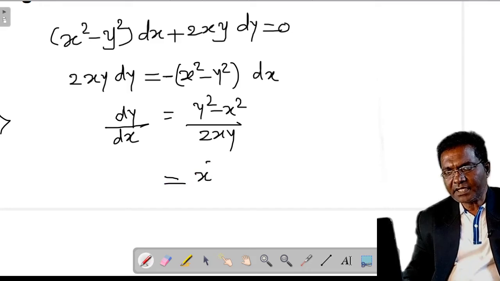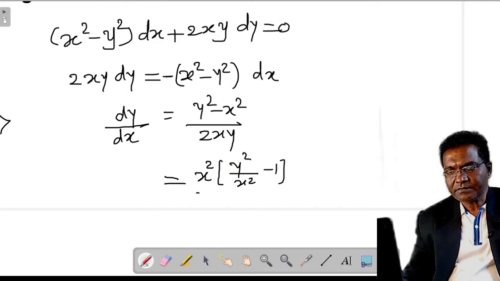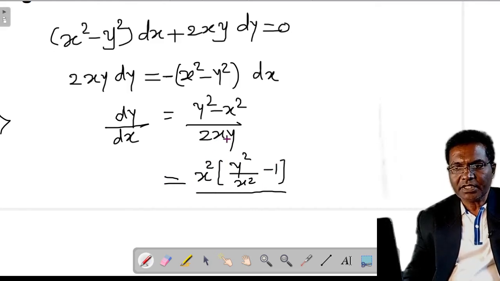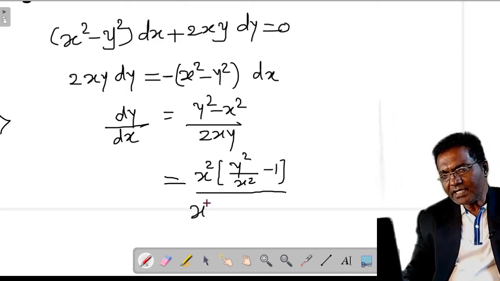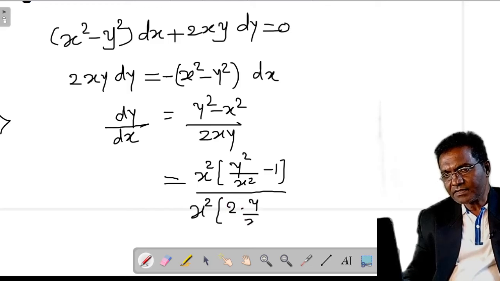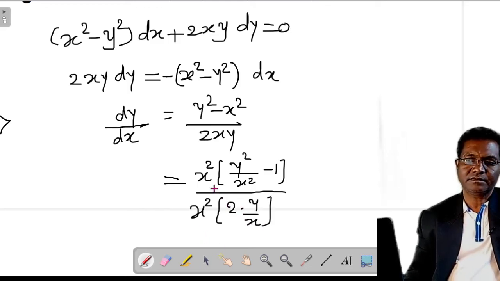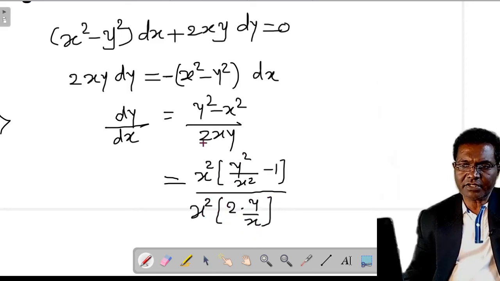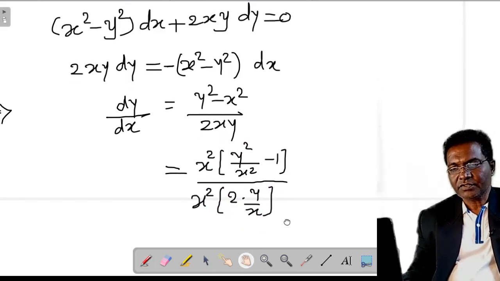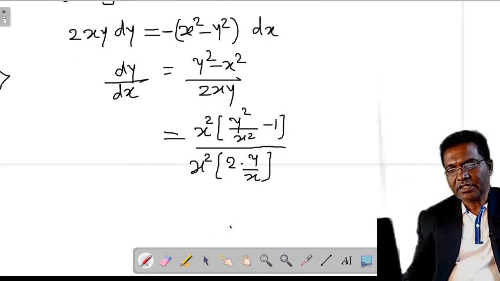Now if I take x square common in the numerator, what will we get? Y square by x square minus 1. Here also, what is the degree of this term? Is 2. So I can write it as x square into 2 into y by x. Look at this. After simplification, you have to get this only. So look at this.